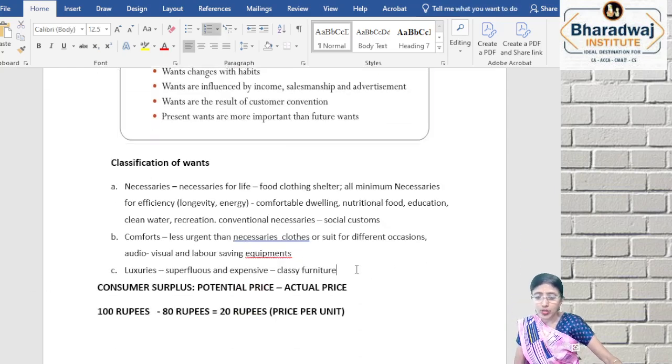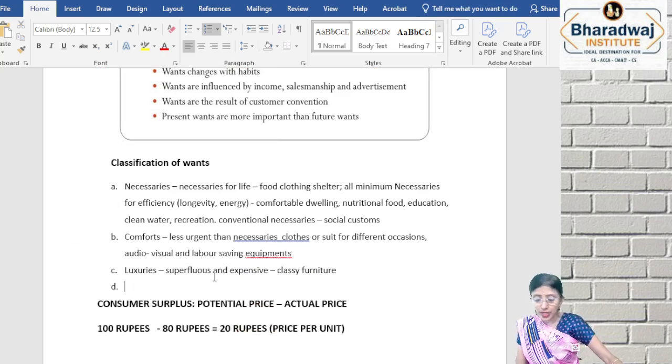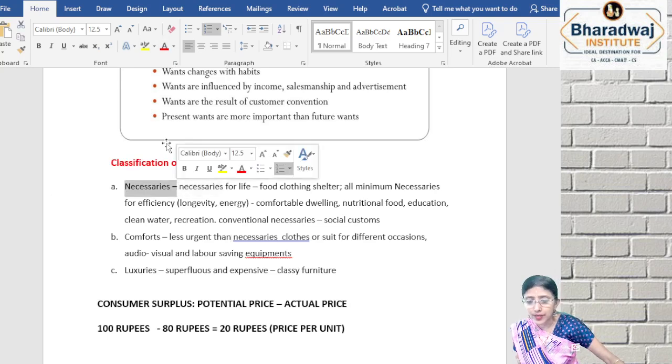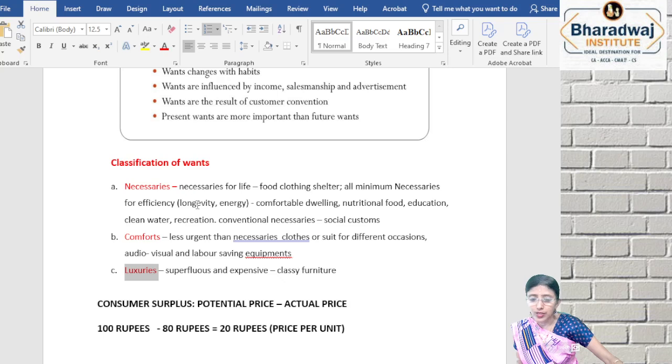Now coming to the next one, classification of wants. Necessaries, comforts, luxuries.